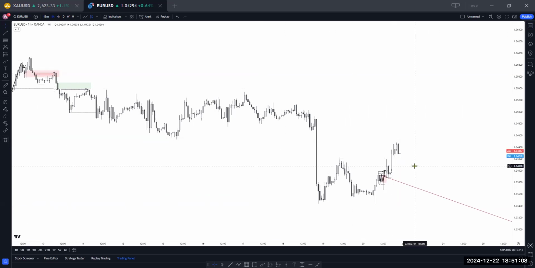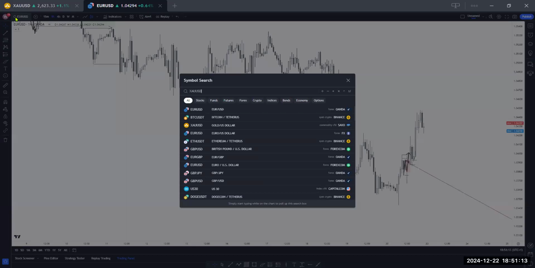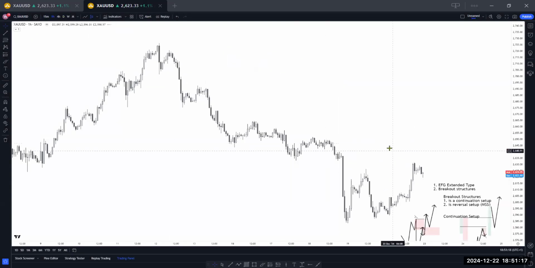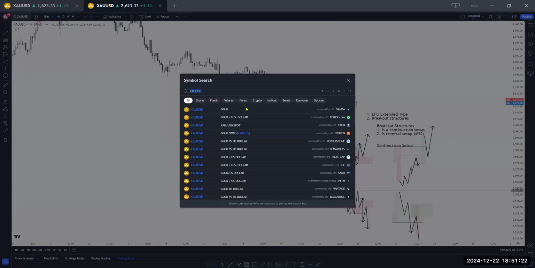Let's go to gold, so we can look at last week's price action and all that. You really enjoyed looking at last week's price action. Oh, this is Saxo. Let me change the.